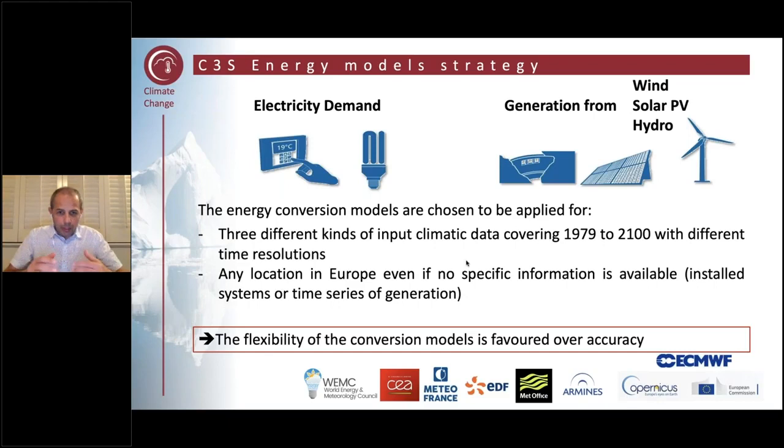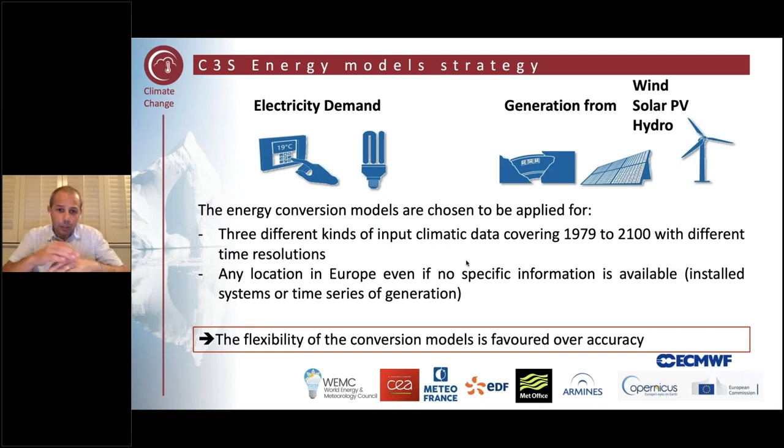So taking the climate data as a given for this talk, we use different methodologies for different types of energy indicators. For electricity demand, we use models. It's a statistical model based on GAMs, generalized additive models, and at this stage it's only done for national averages.